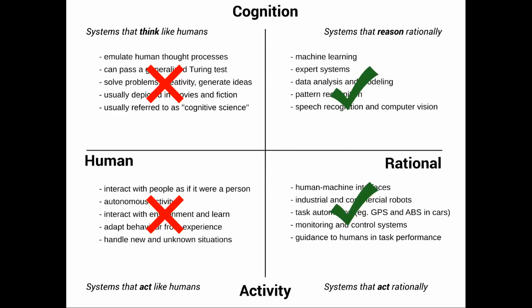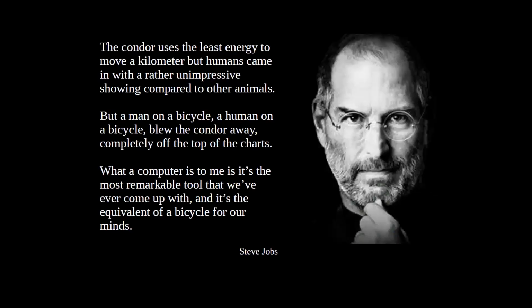So that's where we're following along with Steve Jobs' great observation, in which he said the Condor uses the least energy per kilometer to move a kilometer. But humans come in with a rather unimpressive showing compared to other animals until you put them on a bicycle. Once you've got a human on a bicycle, they blow the Condor away, completely off the top of the charts.